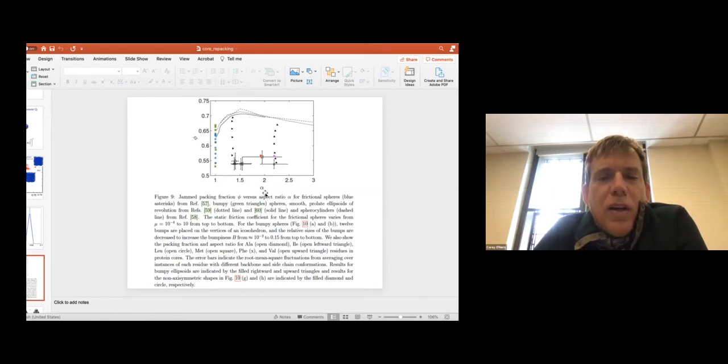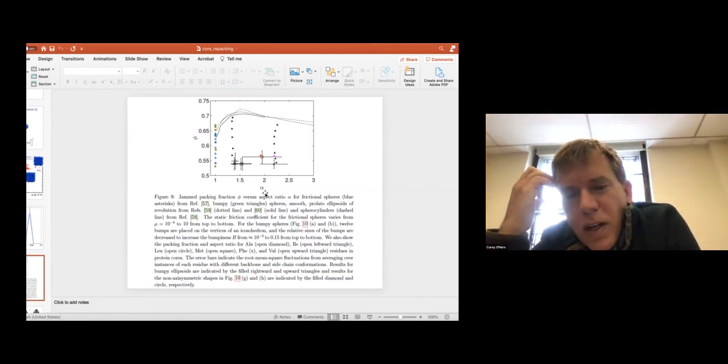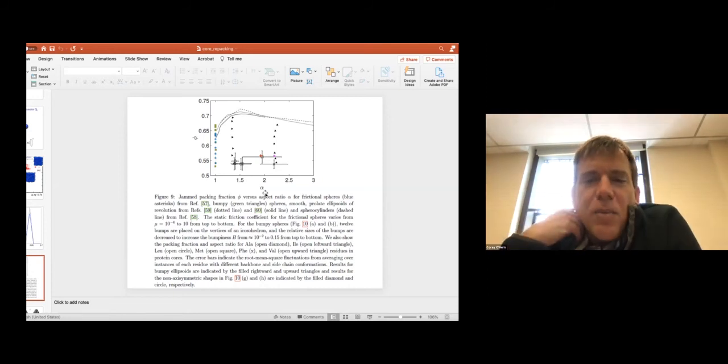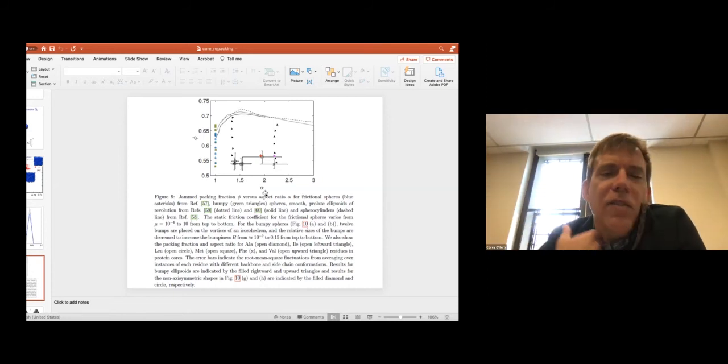And so the aspect ratio range that I'm considering are those that are relevant for amino acids. What you can do is look at amino acids and calculate their aspect ratio by, for example, finding a best ellipsoid fit around a particular amino acid.